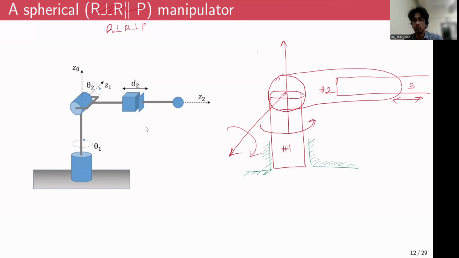So if this is how the spherical manipulator would look like, how are you going to attach the DH coordinates? So as before, you have alpha i minus 1, then you have a i minus 1, then you have theta i, and then you have d i.